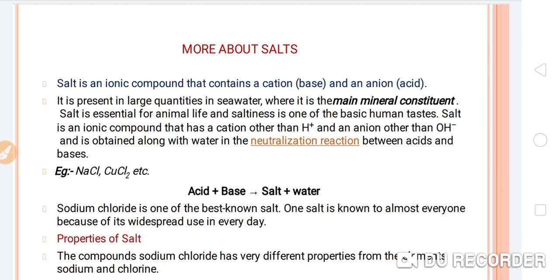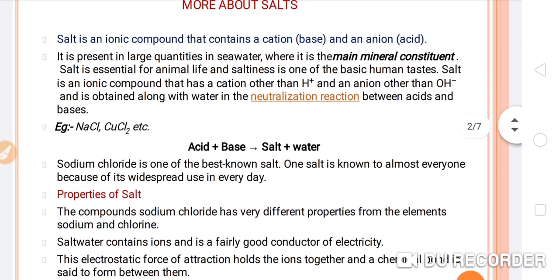Okay, now next, let's see an example. There are two examples, that is sodium chloride and copper chloride. And how can we form the salt? When you react or treat an acid with a base, then as a byproduct you will get salt and water.